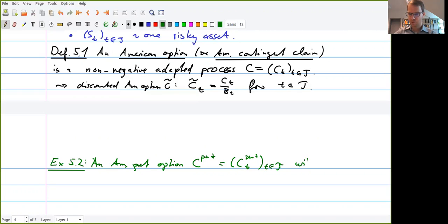And for the put option, we also need to say what the strike price is, for which we can sell the option.